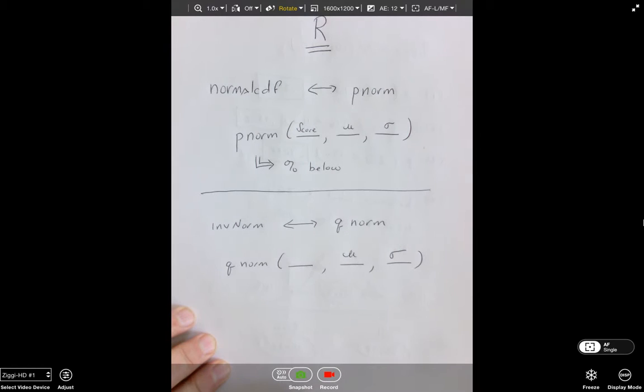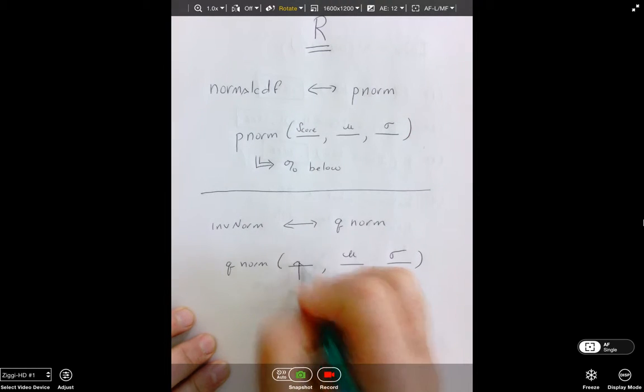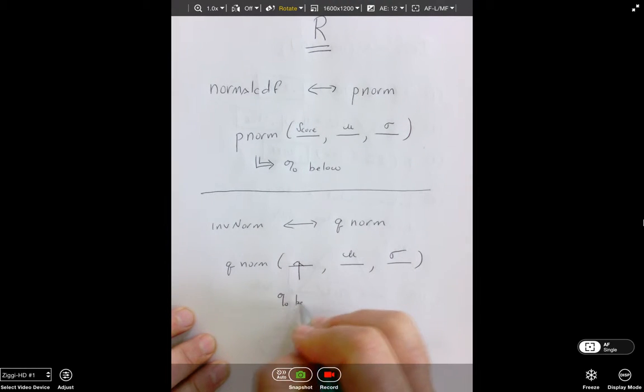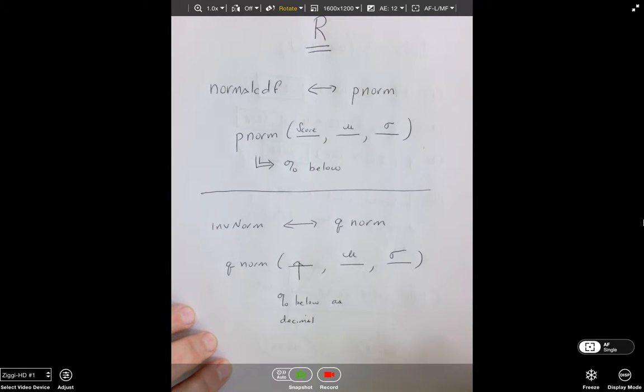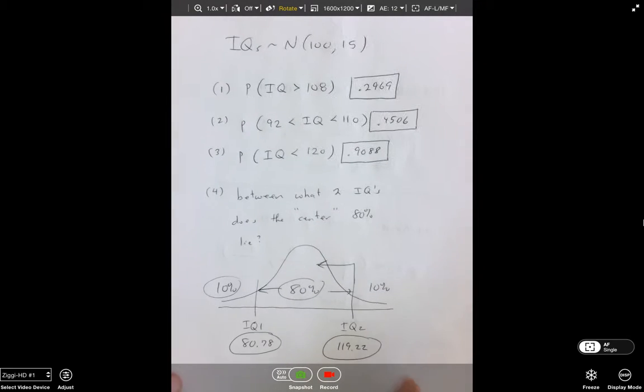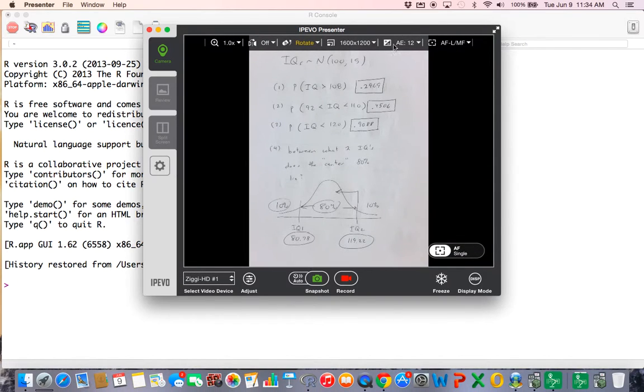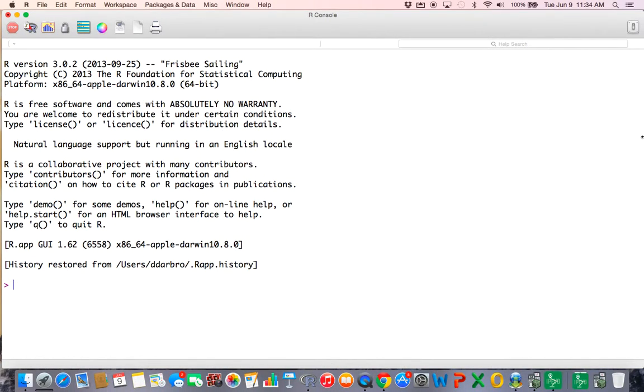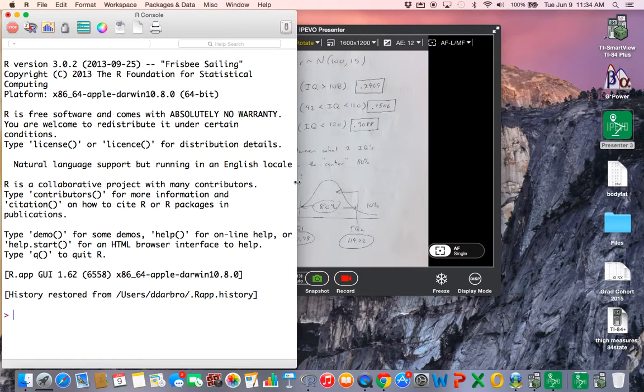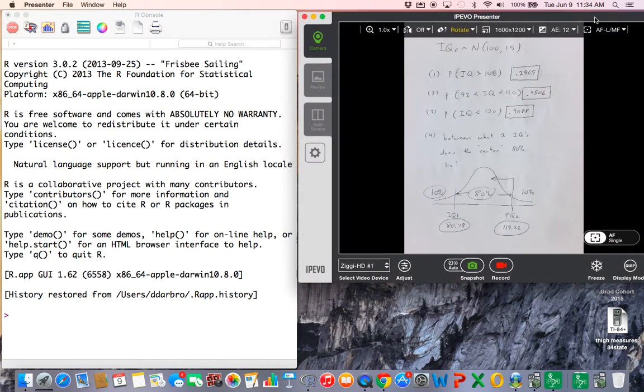Obviously the mean and the standard deviation, and it turns out this works exactly like the calculator. Percent below is a decimal. All right, so let's see how we would work these four problems. I think it'd be kind of helpful here if I got into a split screen situation. Let's see if I'm clever enough to pull something like that off. Hopefully I can make that happen.